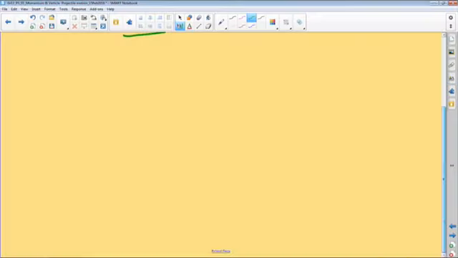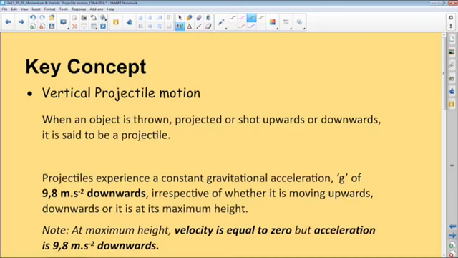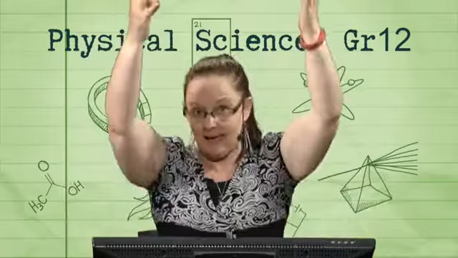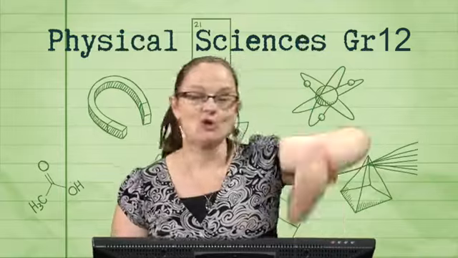So that brings us to vertical projectile motion. Now, if an object is thrown, projected, that's where the word comes from, shot upwards, downwards, sideways, in the air, it's said to be a projectile. The nice thing about your curriculum is that it's only going to go up and down.